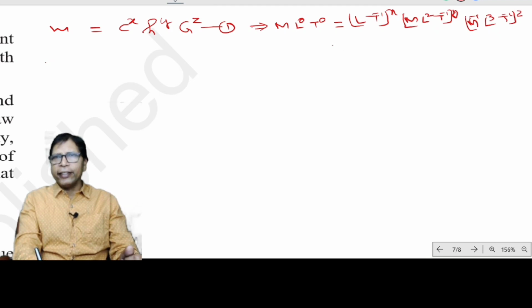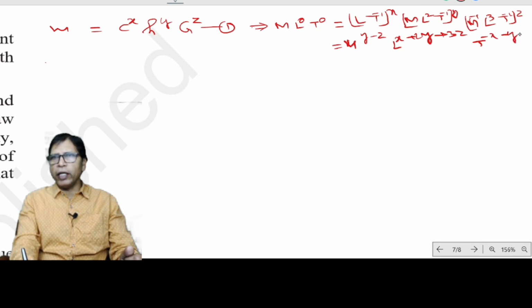So this equals M to the power y minus z, L to the power x plus 2y plus 3z, and T to the power minus x minus y minus 2z.